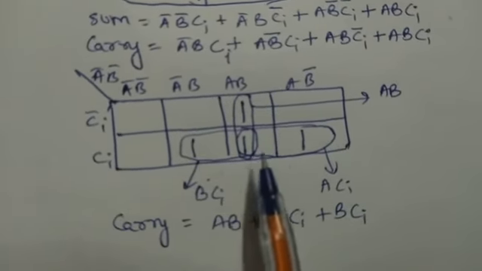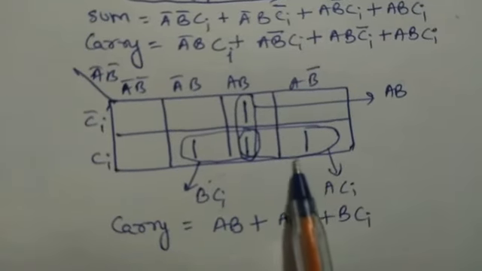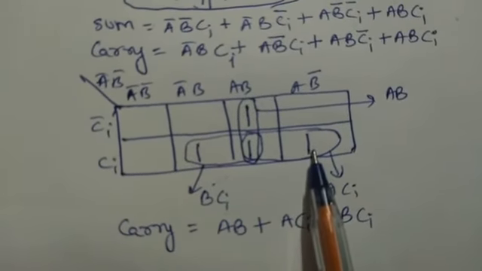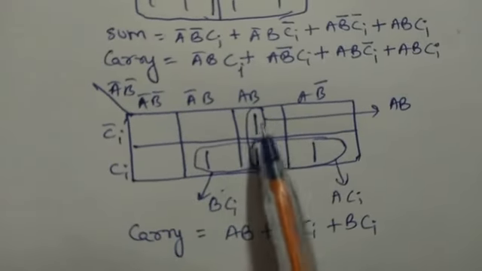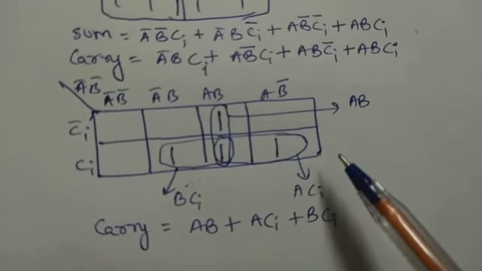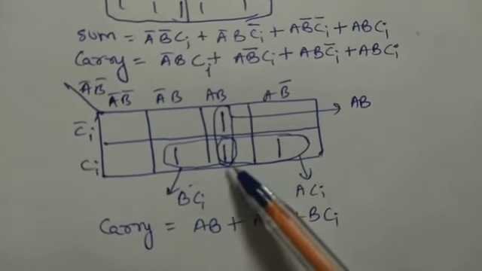Then we have A B bar Ci, A B bar, and this is C input. Then we have A B Ci complement, the upper one here. Then we have A B C input, this one.